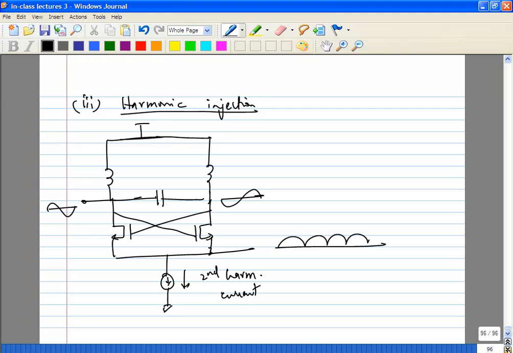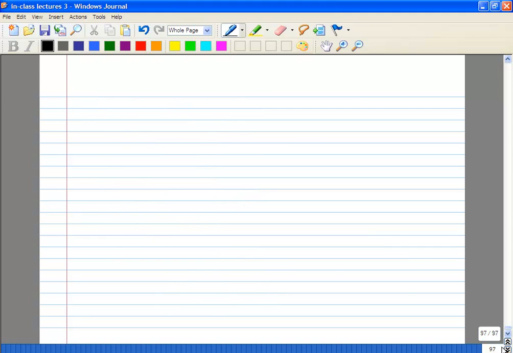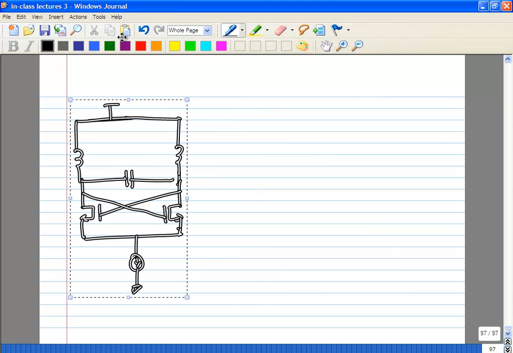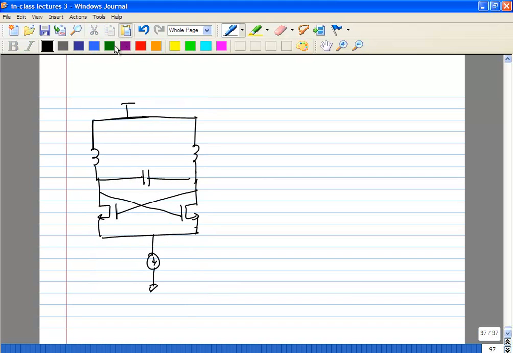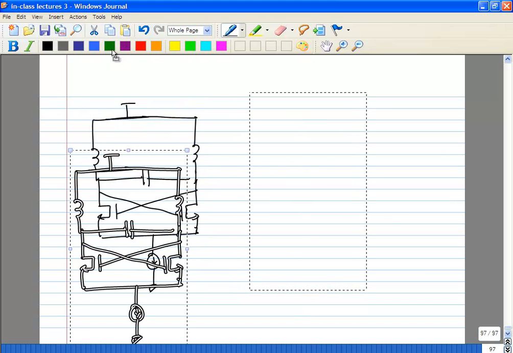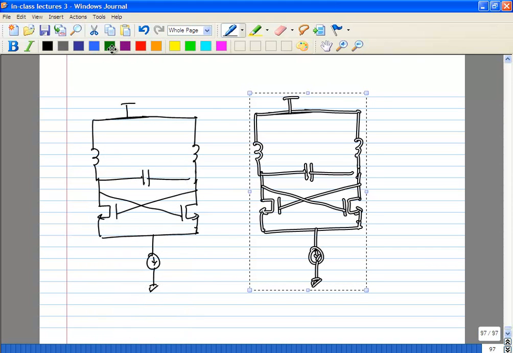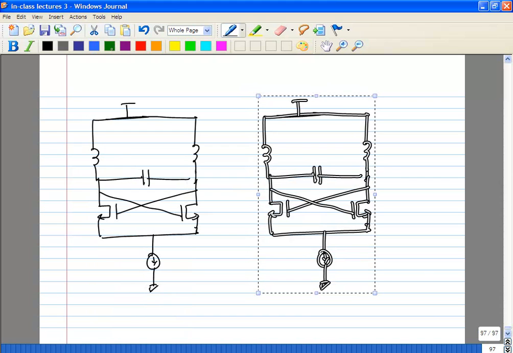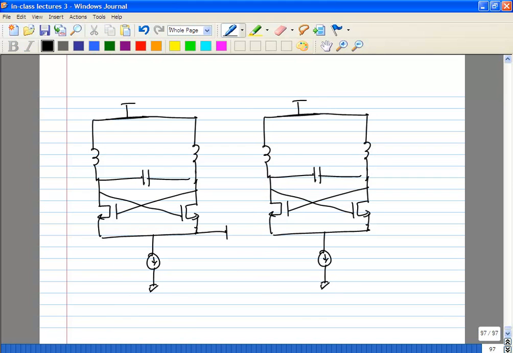So there are many ways to do this. For example, some people have done this. That's a capacitive coupling. You'll have some kind of second harmonic current till it gets coupled. Some people have done this.